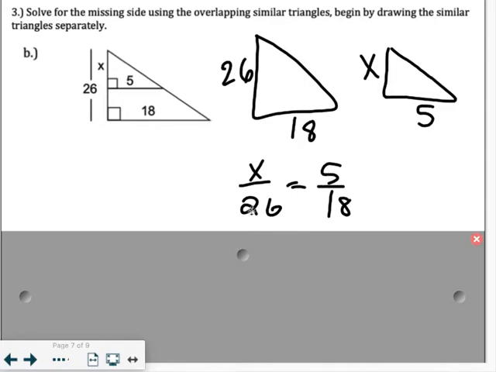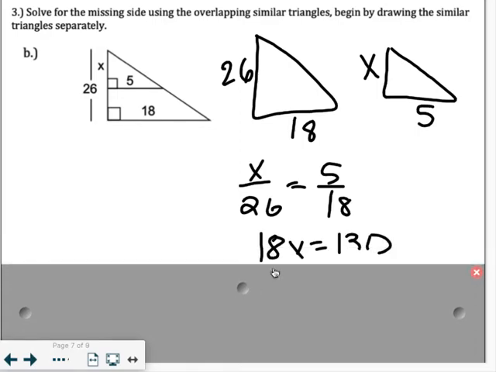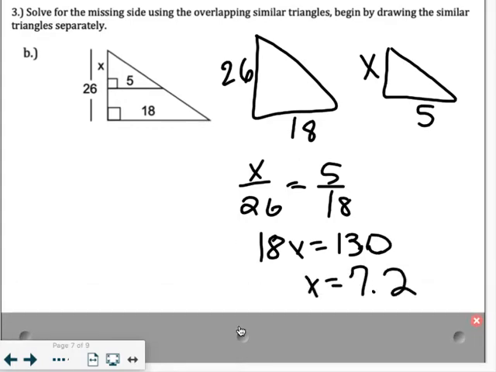But again, we're going to set cross products equal to each other. 18 times x and then 5 times 26 is 130. Then divide both sides by 18. And this one we get 7.2.